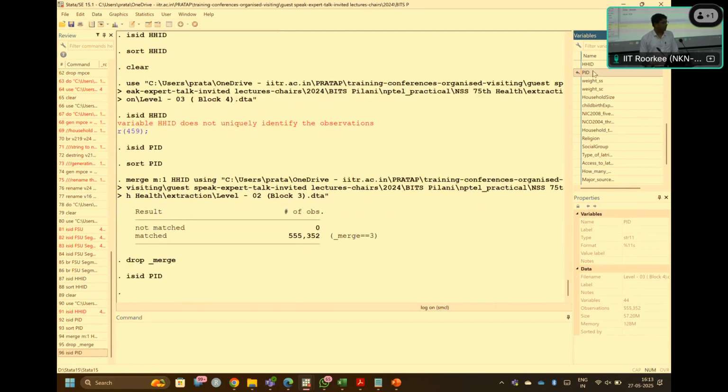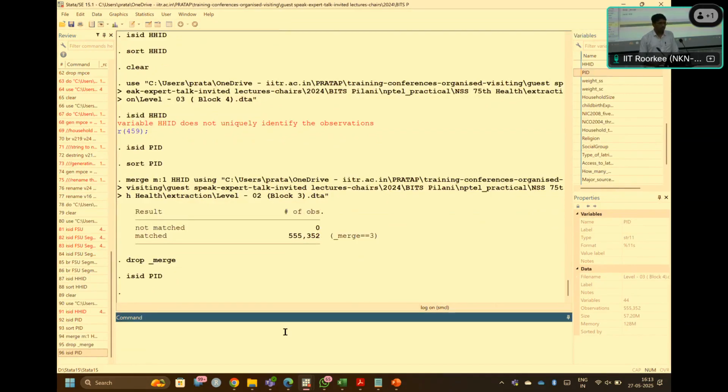It's uniquely identified. So I'm sure the PID is not uniquely identified in our system. When the module shows that it does not uniquely identify the observation.